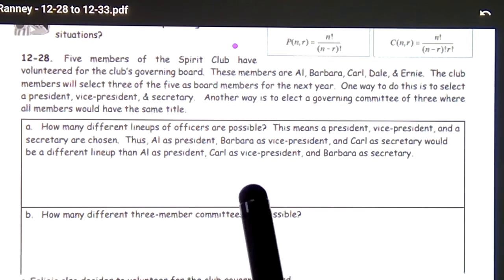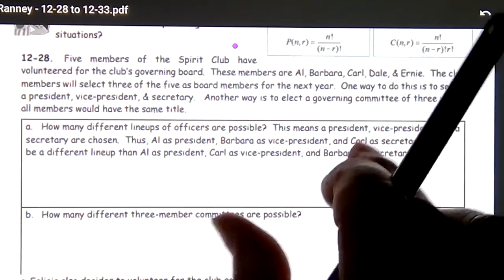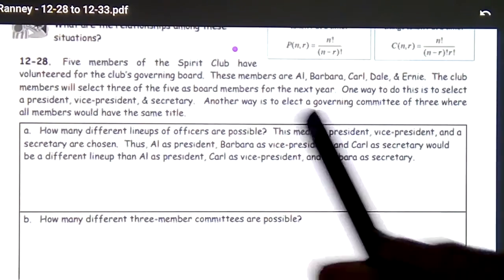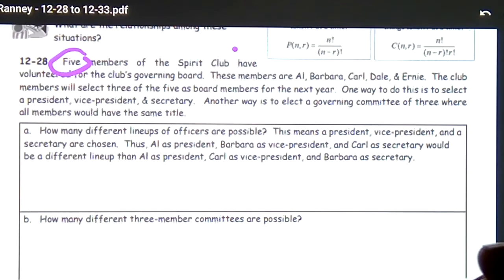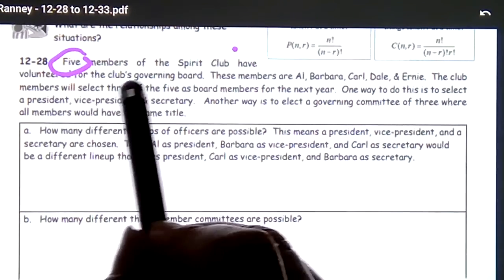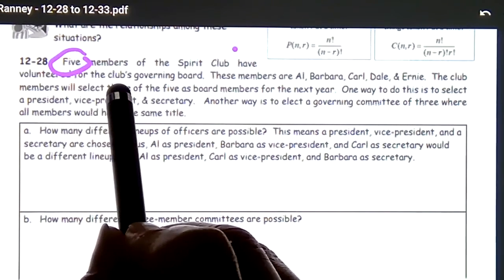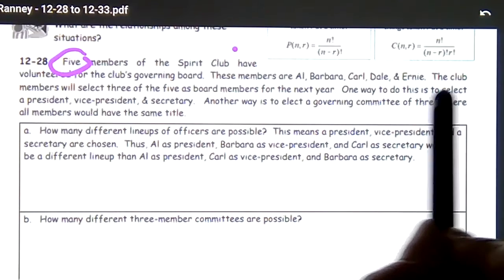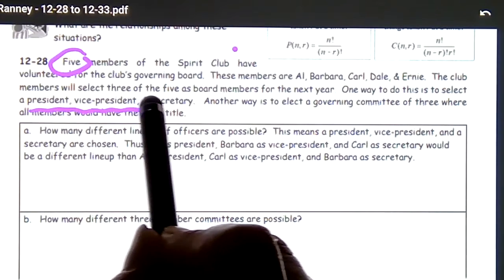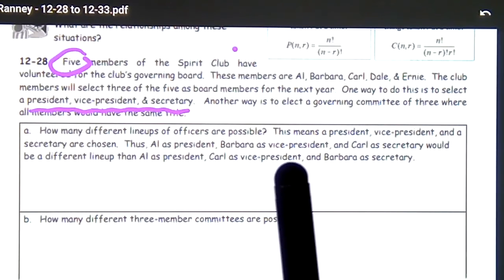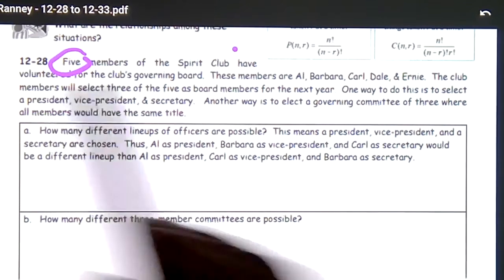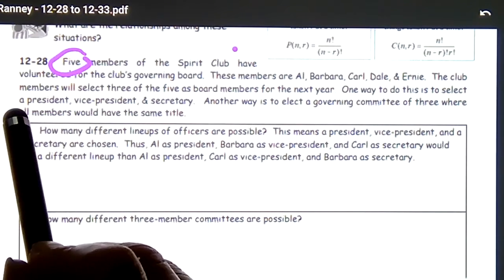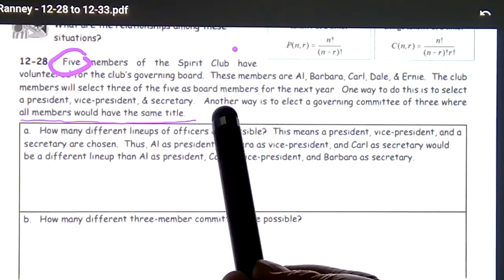Another way is to select a governing committee of 3 where all members have the same title. So we have 2 situations here. In both cases, we have 5 people, and we are going to be choosing 3. Here, we're going to be choosing a president, a vice president, and a secretary. That's one situation. And in the other situation, all 3 members are going to have the same title.